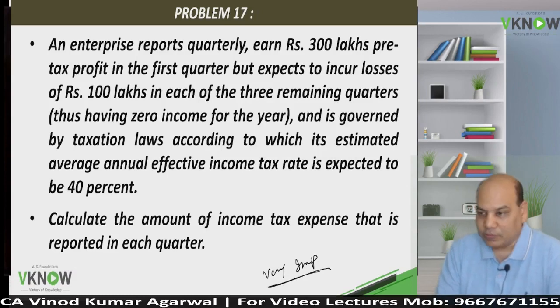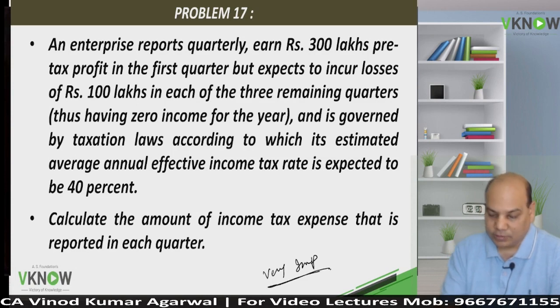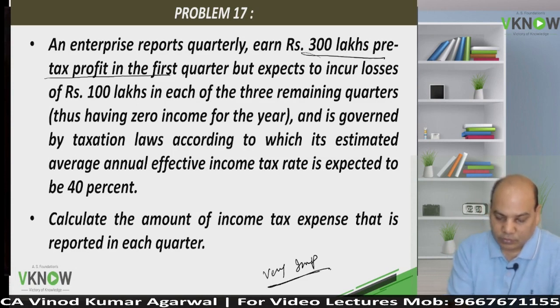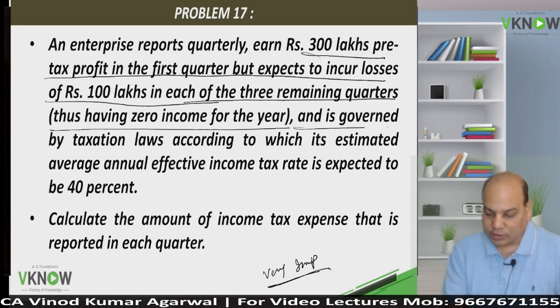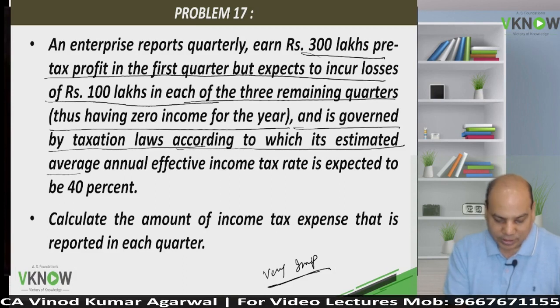An enterprise reports quarterly, earns rupees 300 lakh pre-tax profit in the first quarter, but expects to incur losses of 100 lakh in each of the remaining 3 quarters, having zero income for the year, and is governed by taxation law, according to which its estimated average annual effective income tax rate is expected to be 40%.